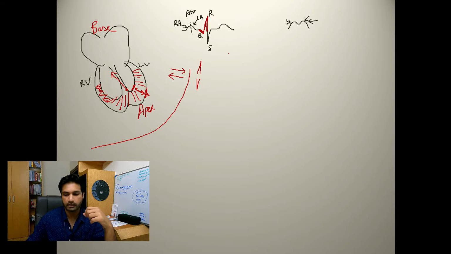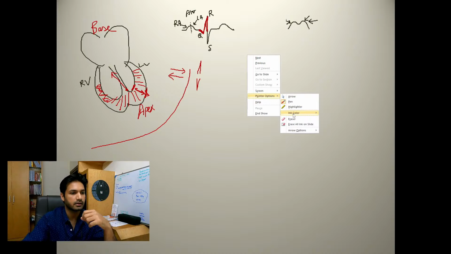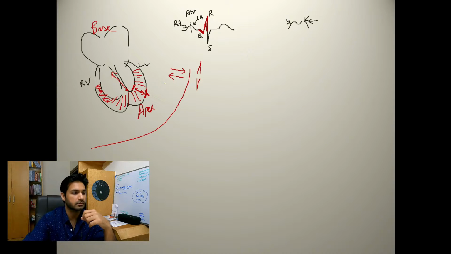Then the last part of the ventricle that becomes depolarized is the basal part of the ventricles. So if you ever get a question about which is the last part of the ventricle to get depolarized, it is the left posterior basal part of the heart.